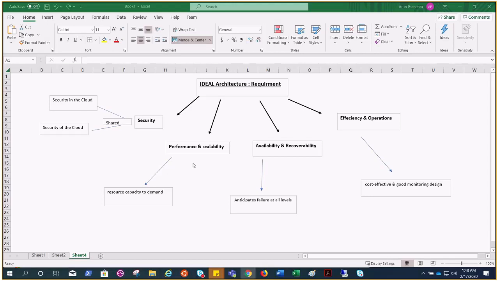Okay, makes sense? Wonderful. Now let's talk about availability and recoverability.